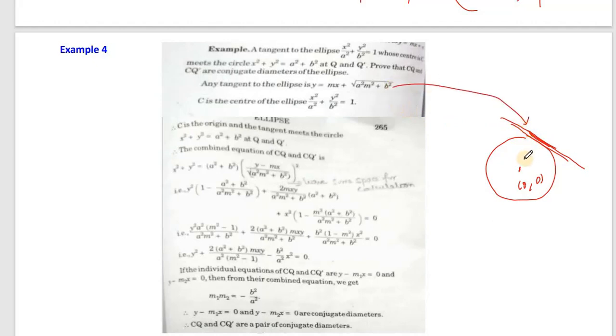So what we do is, we want to get a tangent, this is not the figure. So you need to have an ellipse, a tangent to the ellipse.